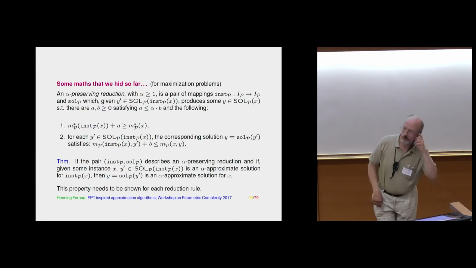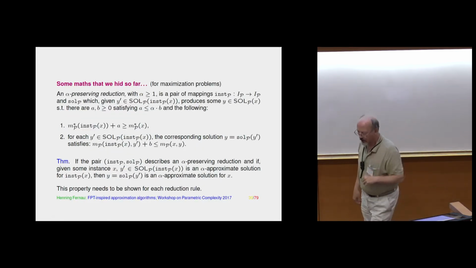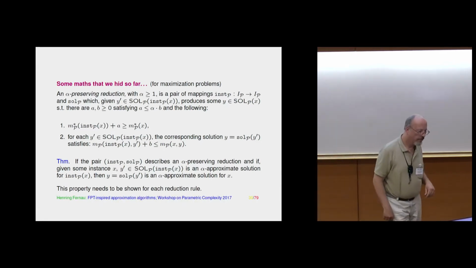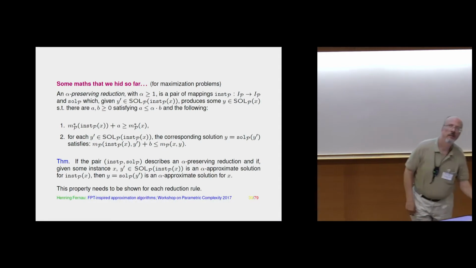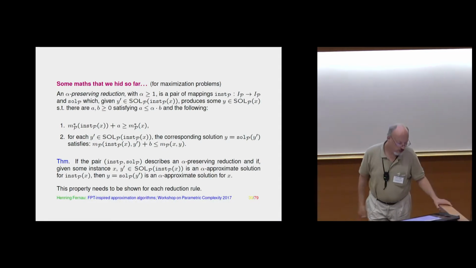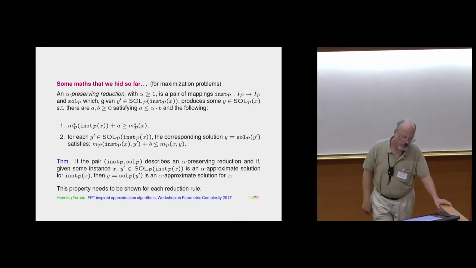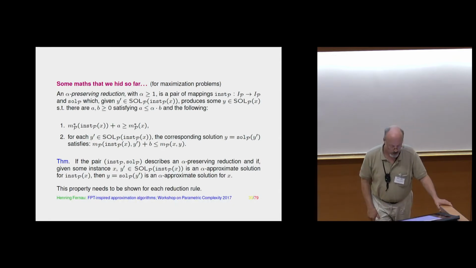So first of all, maybe this thingy that I so far swept under the carpet is some kind of more general notion of reducibility, in the sense of a notion of reduction rules that also helps with keeping up with approximation ratios.